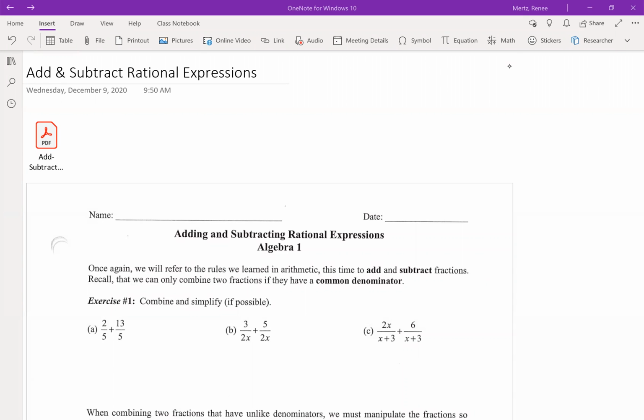Good morning. Today we're going to add and subtract rational expressions. So when we're doing this, please remember to add and subtract, you need common denominators.